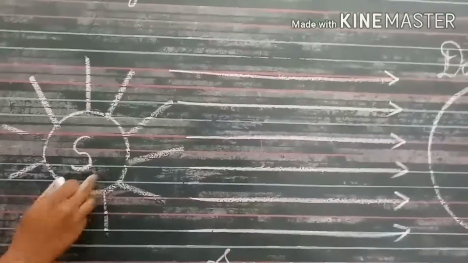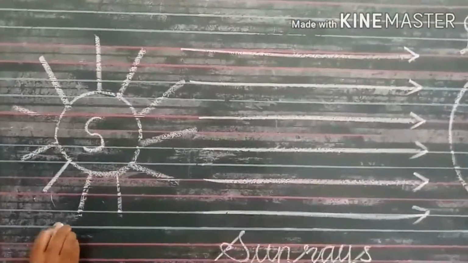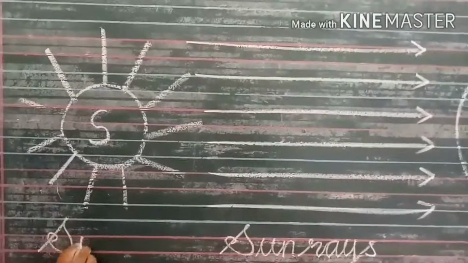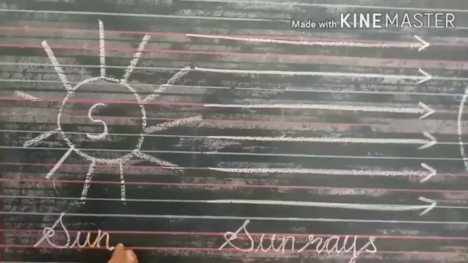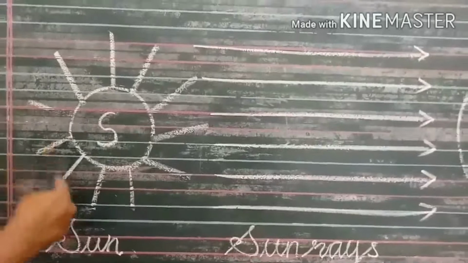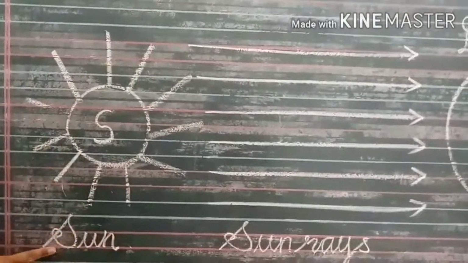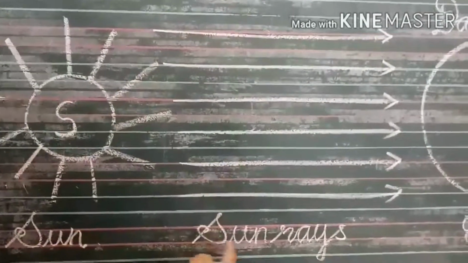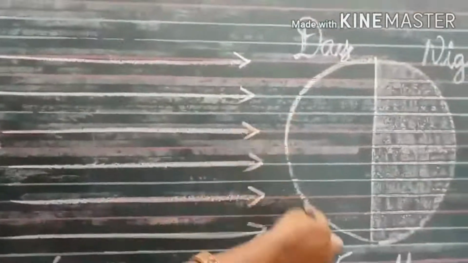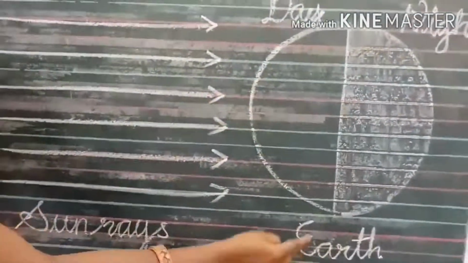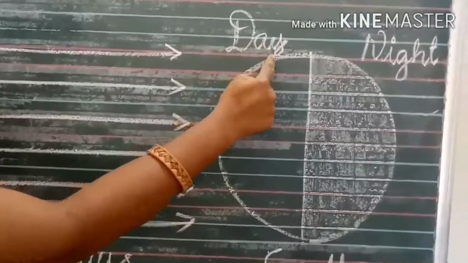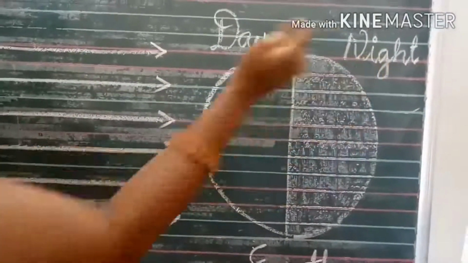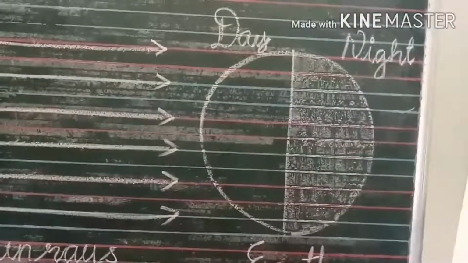And can you guess what is this? This is sun. S-U-N, sun. Okay, children? These are sun rays. This is our earth. The left side of the earth is day, and the right side of the earth is night. Is it clear, children?